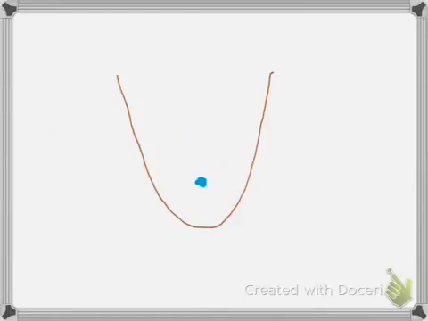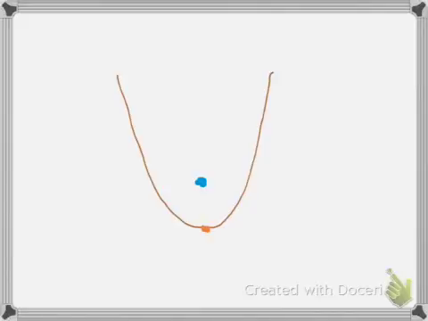Now the last conic section we're going to talk about is a parabola. A parabola also has a focal point, which is actually how we graph a parabola as well. The distance from the vertex to the focal point.